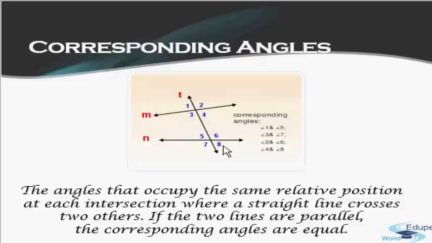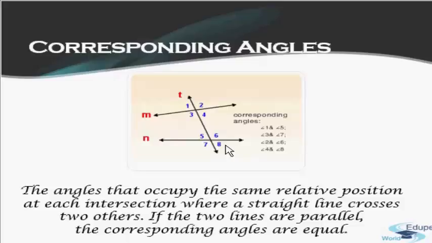So you try to find the same angle in the next group of angles. This is number 8. It is on the right side. There are two angles on the right side, 6 and 8. And on the bottom of this line, that is M over here and N over here, so that is 8. This way we can find the corresponding angles of any line that passes through any other two lines.